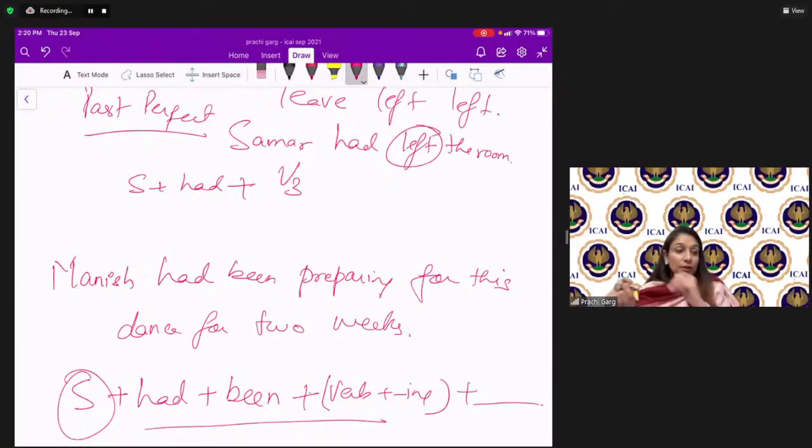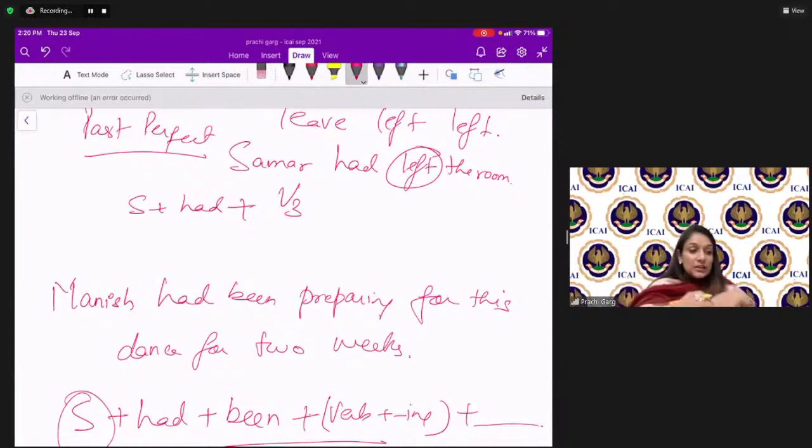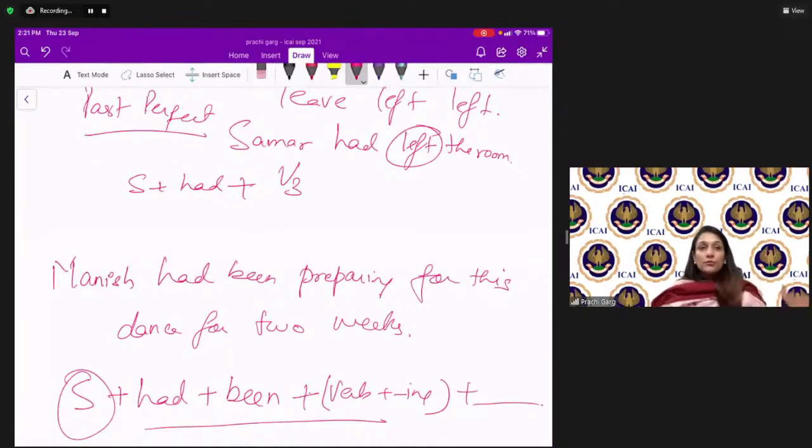Clear? Now, when do we use it? It is to indicate an action in the past that began before a certain point in the past and continued up until that time, an action that went on for a longer period of time. So Manish had been preparing for this dance for 2 weeks. Like for 2 weeks, he's been preparing continuously.